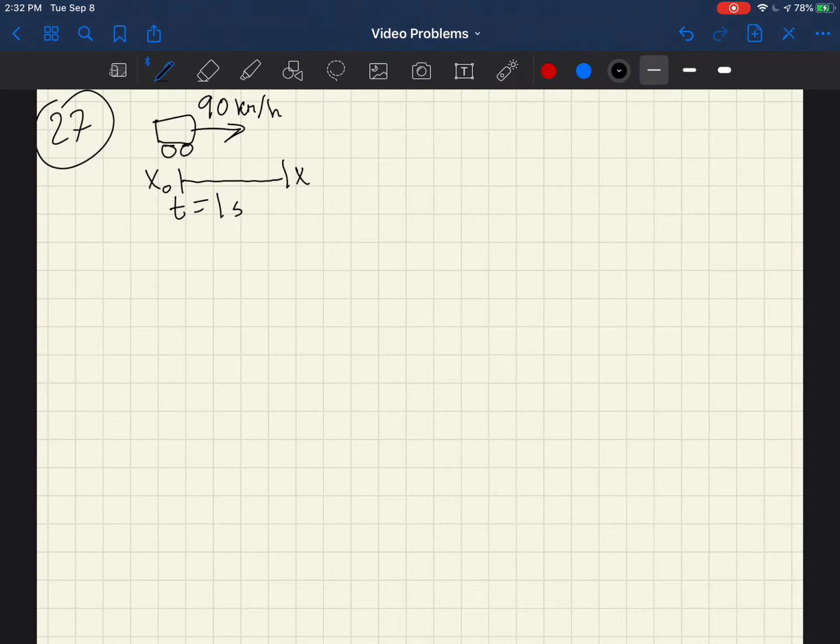At that point, they're going to hit the brakes and slow down until a new position, x. Okay, and they're finally going to get to a stop here. At the beginning of this, they're still moving at 90 kilometers per hour, and at the end, they're going to be moving at 0 kilometers per hour, or 0 meters per second.